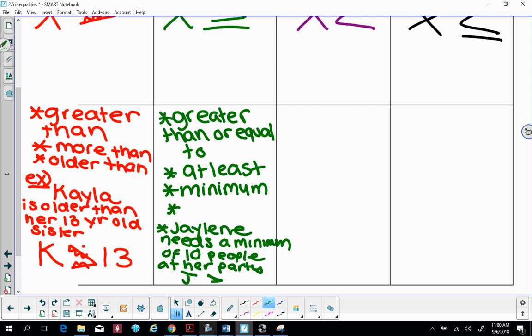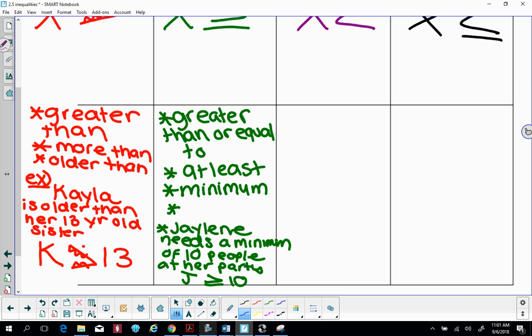She needs it to be 10 or greater than 10, or equal to 10 people there, or she's not going to think she's cool, right? She needs at least 10 people there in order for it to be a fun party in her eyes. We could also do at least. If I want to say you at least need a 70 to pass this class, that would be you need a 70 or greater.